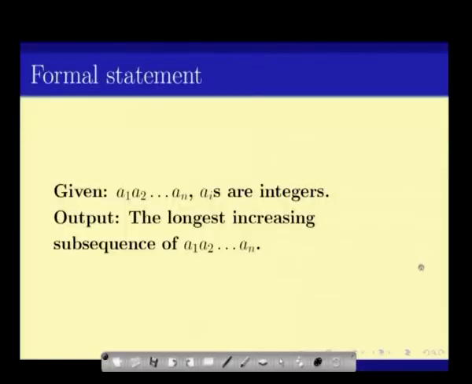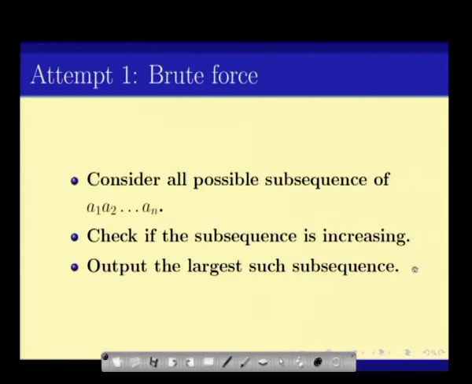To start with, let us try our first attempt. The first attempt is the brute force search. What do we do here? We consider all the subsequences of a1 to an, all possible subsequences that can be there. Once we have selected a subsequence, we check if it is increasing, and if it is increasing we keep it aside.